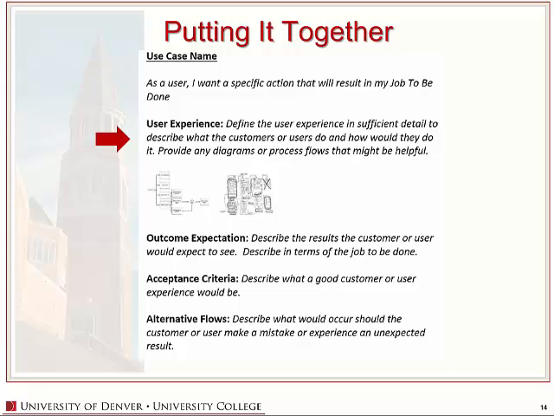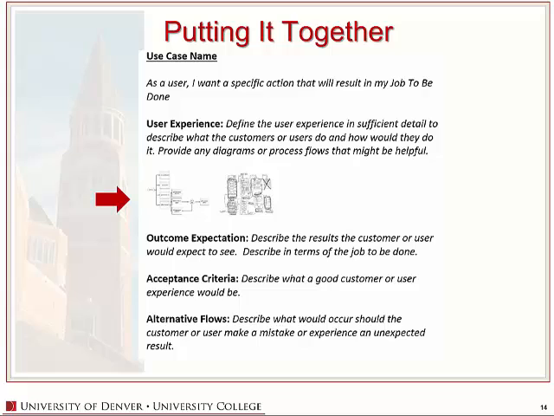You then want to describe the user experience in sufficient detail so that the development team can understand what the user would do. And this is where you break down all the specific actions, which include both the functional and non-functional requirements that are important to your users and to your customers.